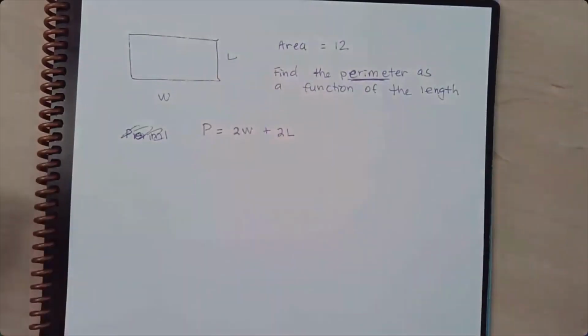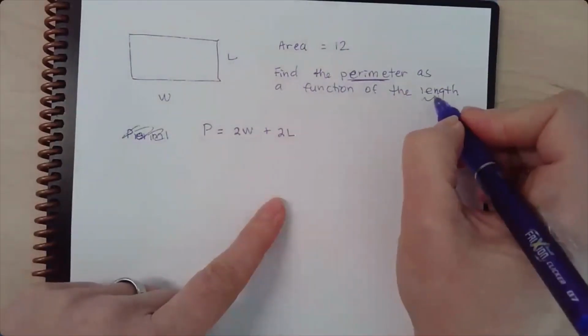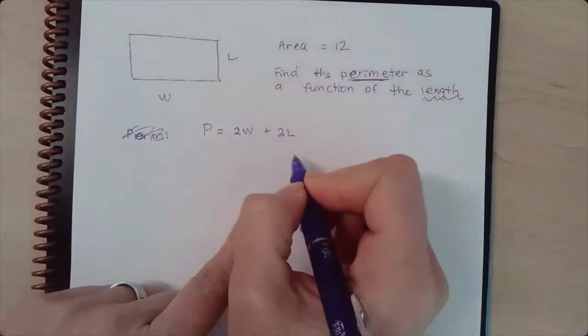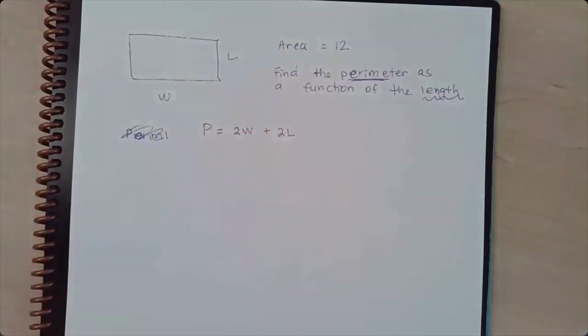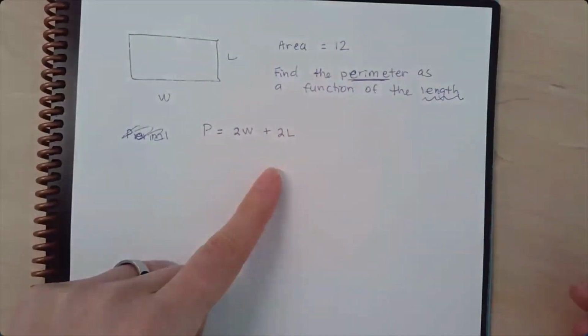All this problem is saying is eliminate one of the 2 variables so that we're only writing it as a function of the length, not the width and the length. So we're going to come off to the side and say, I hope they gave us more information, and they did. They told us the area was 12.